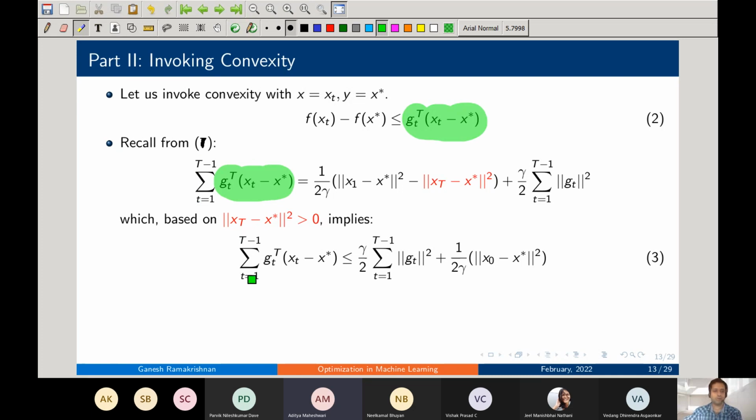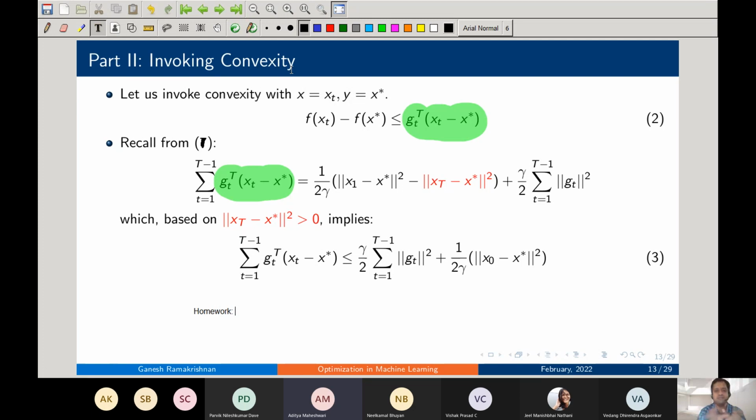So gt transpose xt minus x star summation is now upper bounded by two things: one is f of xt minus f of x star, and the other is this xt minus x star. We know that it's greater than 0, since we have not yet reached the optimal solution. As homework, please try and complete this. I'm going to leave it at this point for today.